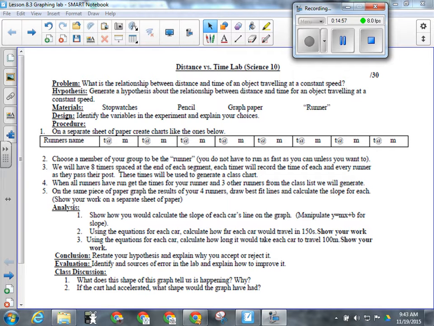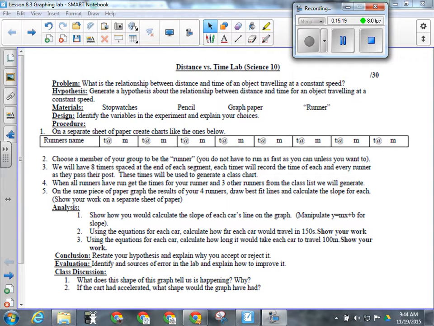Basically, for number one, we're going to talk about how we'd calculate slope, okay. We've gone over manipulating y equals mx plus b already, okay. For number two, using the equations that Google Sheets is going to spit out for you tomorrow, it'll give you y equals mx plus b for each line, for each car.